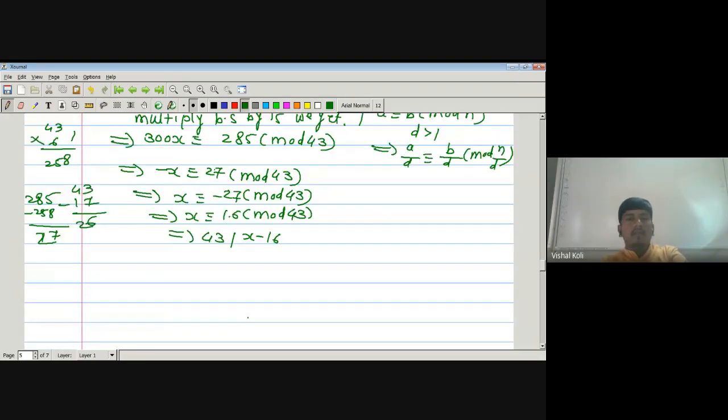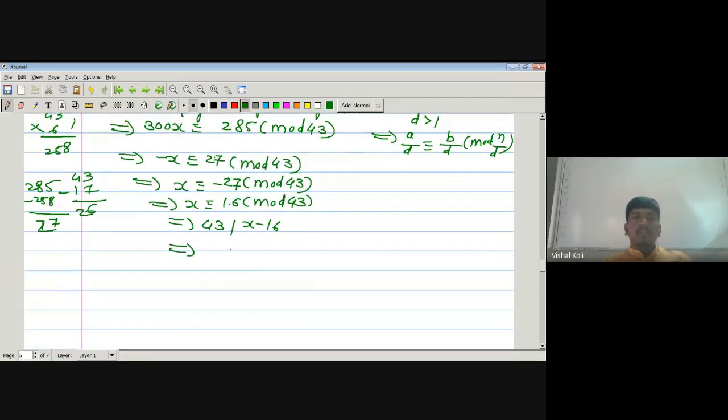So x minus 16 is a multiple of 43, that is x equals 16 plus 43t, where t runs through 0, 1, 2 and so on up to 6. Then we get 7 incongruent solutions.